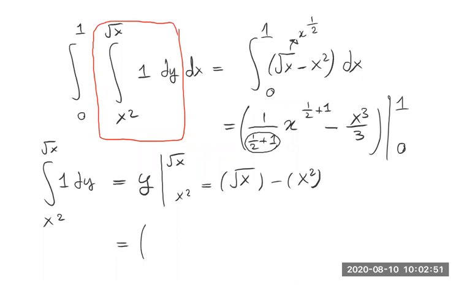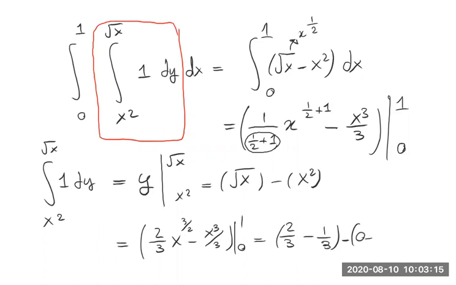So it's 2 over 3 x to the power 3 over 2, minus x cubed over 3, from 0 to 1. So it would be 2 over 3 times 1 minus 1 over 3, minus what we get when we plug in 0, which is 0. That gives 1 over 3. So that's the area of the green region between the two functions, square root of x and x squared.